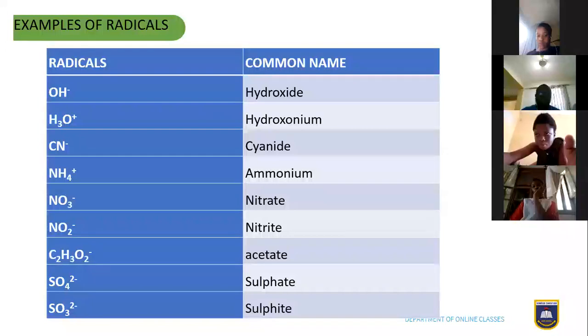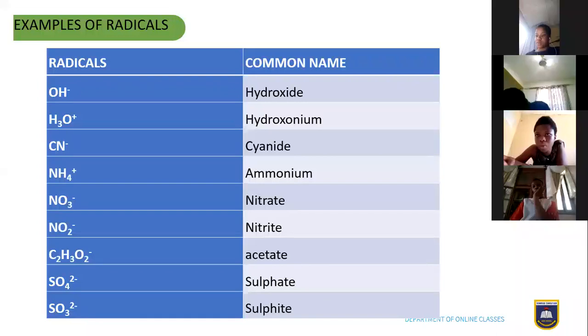So these are some radicals and their common names. On the left-hand side, you see radicals, and at the right-hand side, you see their common names. OH minus, called hydroxide. H3O plus, called hydronium.